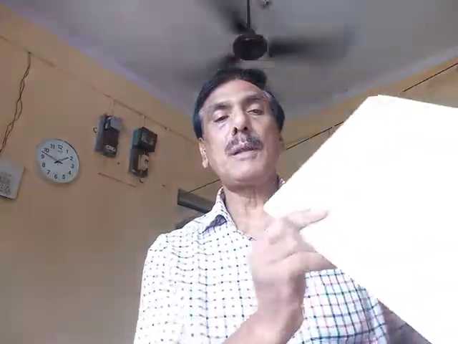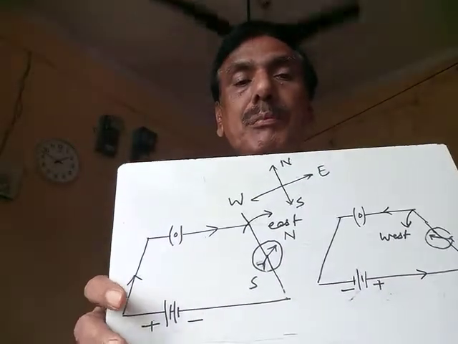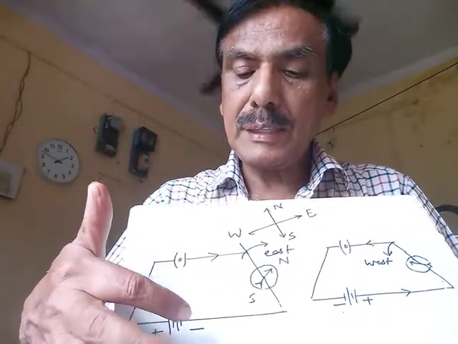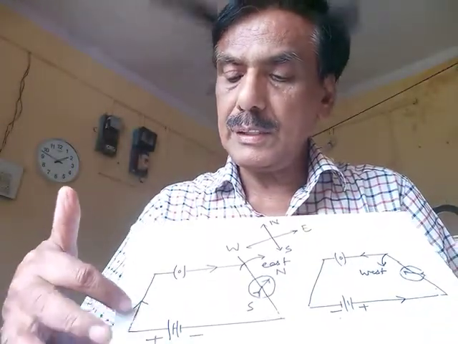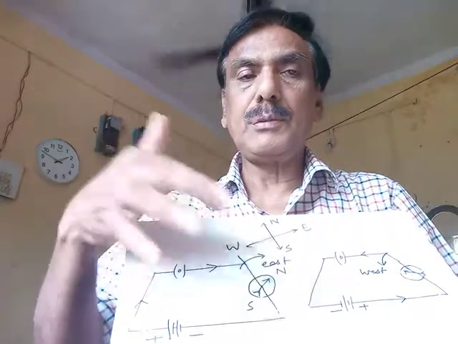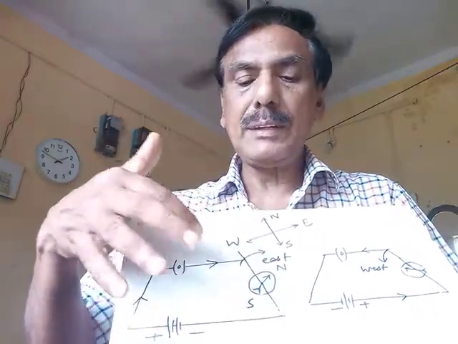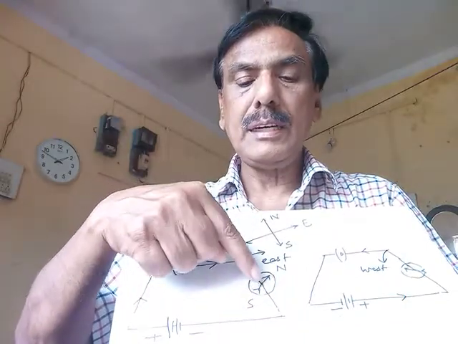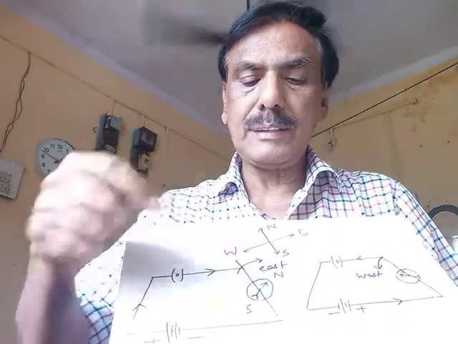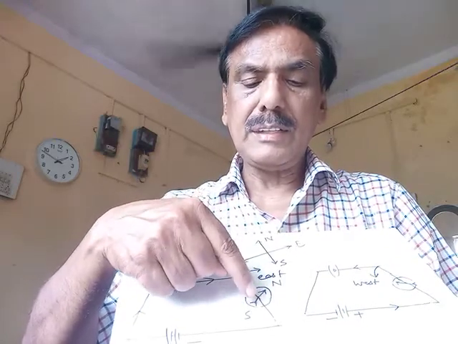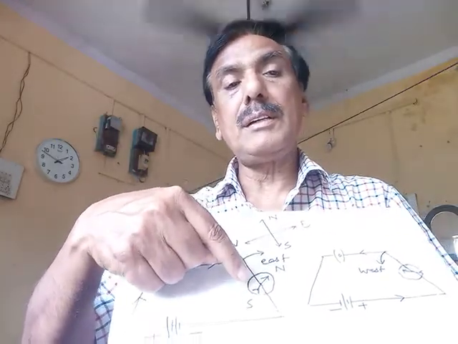I have drawn this figure. In this first figure, the direction of the current is in this way, and see the deflection in this needle is in the eastern direction.